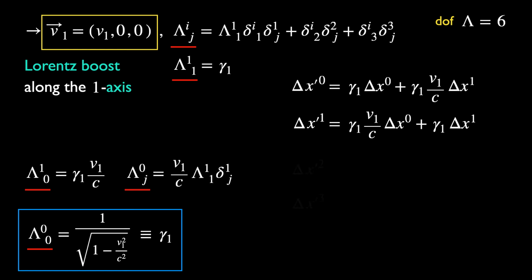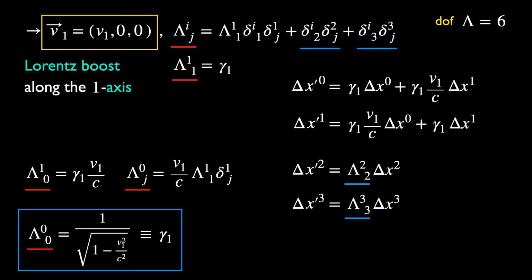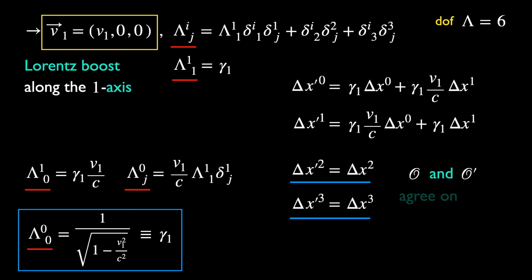For the displacements along the second and third axes, the only relevant non-zero components are lambda 2, 2 and lambda 3, 3. The displacements of x and x prime agree along these two axes. This means the observers O and O prime will agree on the displacements which are perpendicular to the velocity.